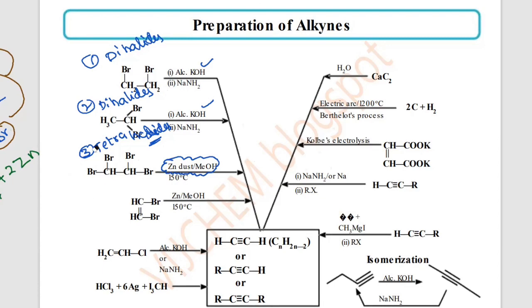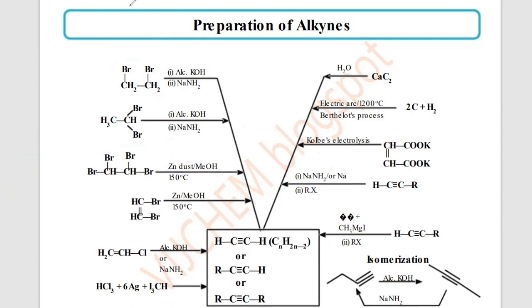That is the fourth method. Here also vicinal is there, but instead of alkane, it is alkene. So let me change this. The fourth method is the vicinal dihalide alkene, the alkene which has the vicinal dihalide. 2 halogens are a must.